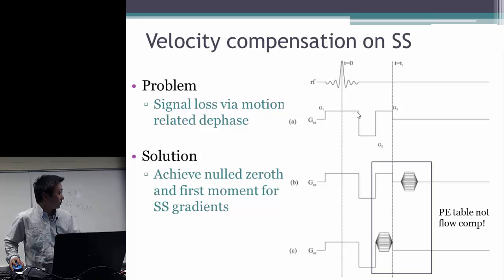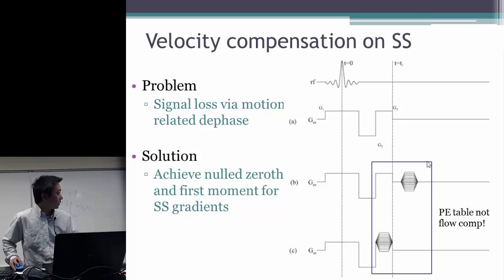We just perform one-to-one play out of the gradient lobes here, and we can achieve nulling for both the zeroth and the first gradient moment after the play out here.